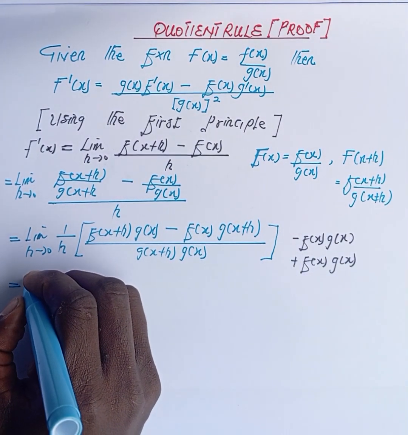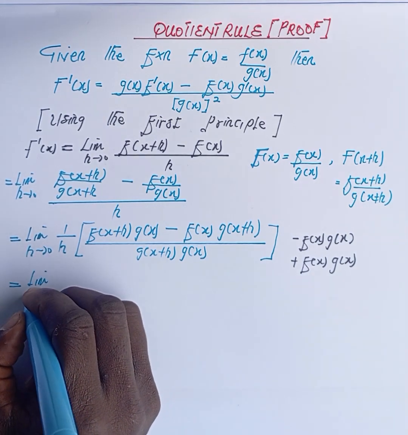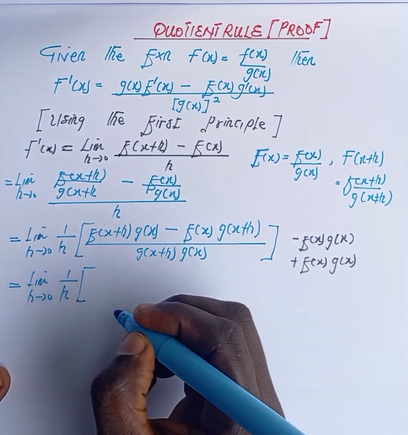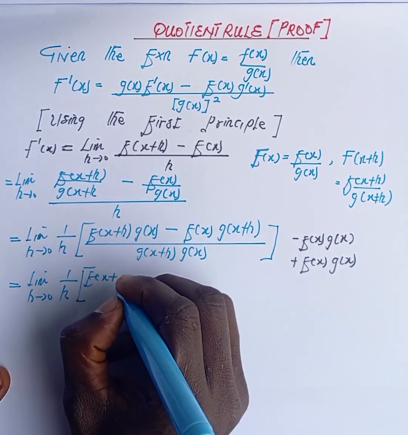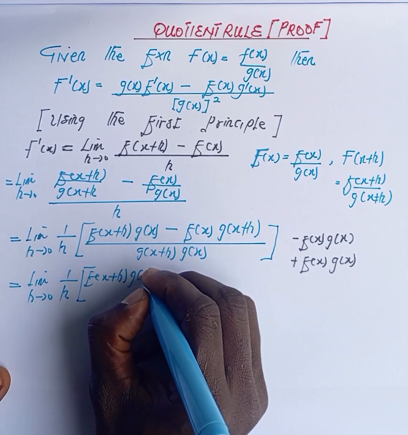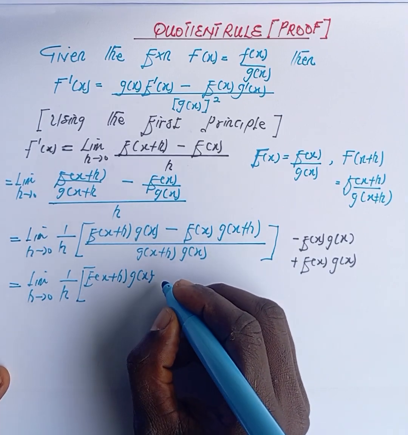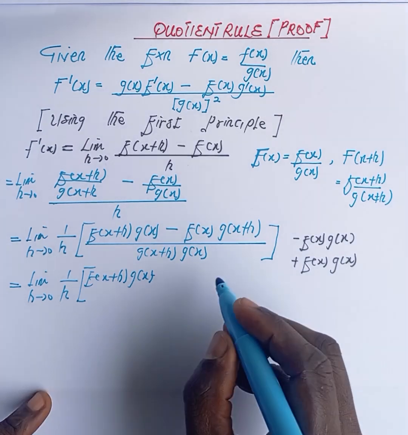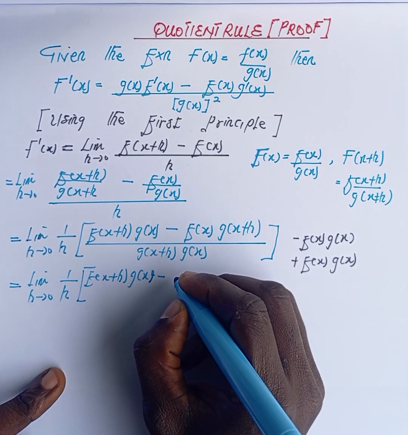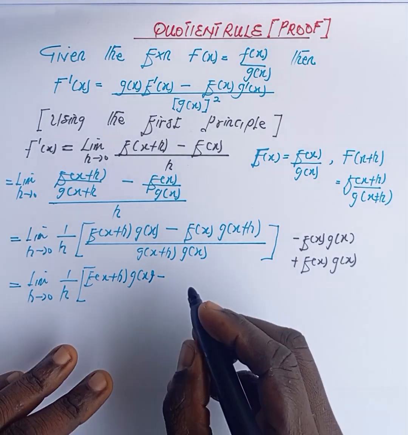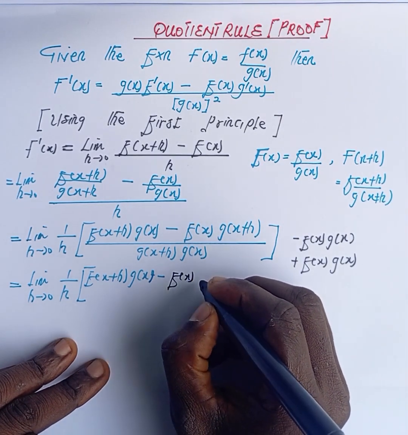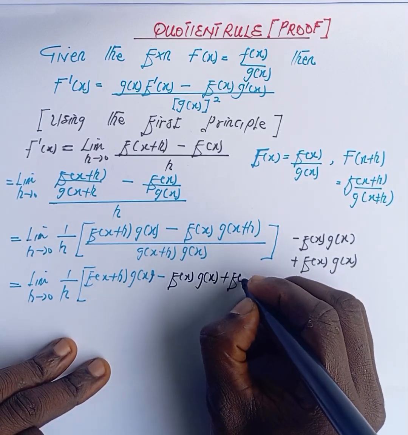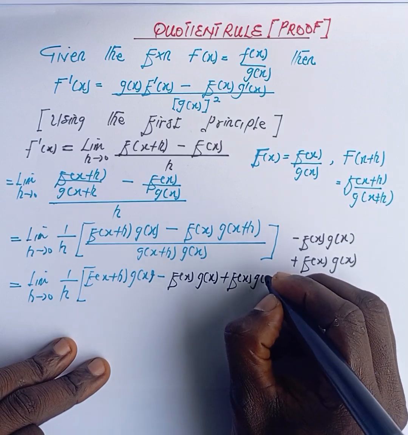So we are just going to insert this into the numerator, and then let's see what we are going to have. We have the limit as h approaches 0 of 1 over h, then f at x plus h times g at x, minus f at x times g at x, and then plus f at x times g at x.